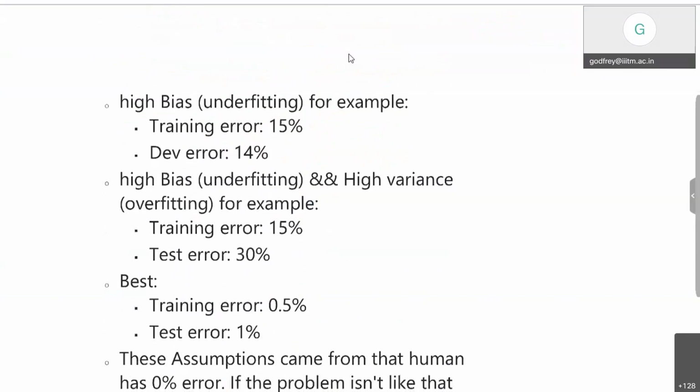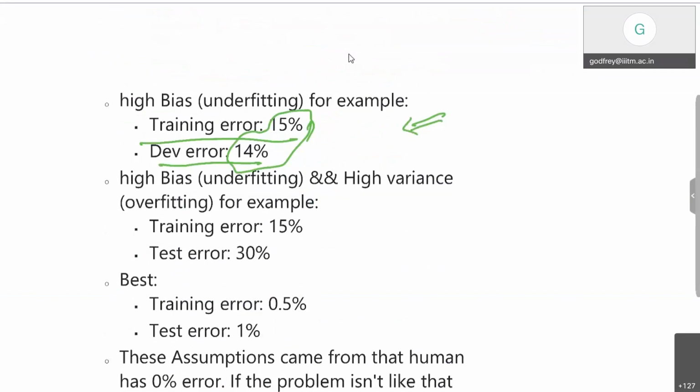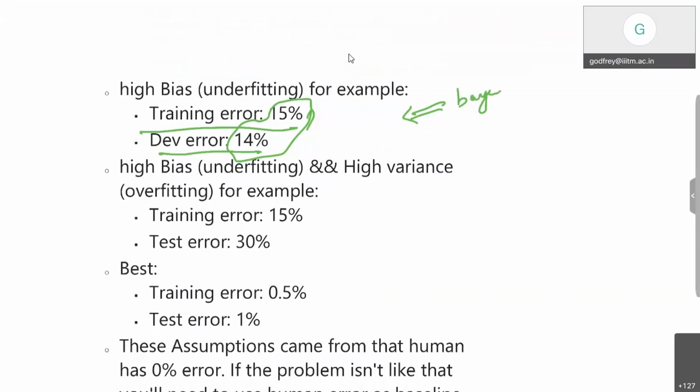Here we find that the model is performing equally well with respect to both datasets. It has similar errors. But if you're having a bias error at, say, 1% for instance, if a human being can do it with very little error, then we say that the system is having a high bias.